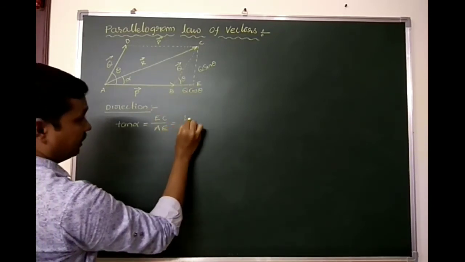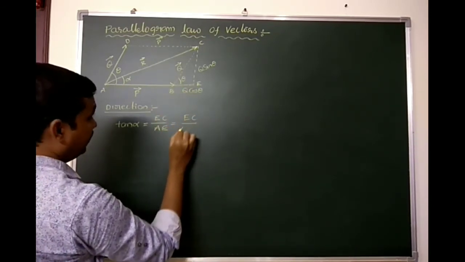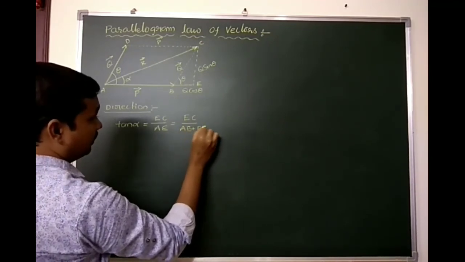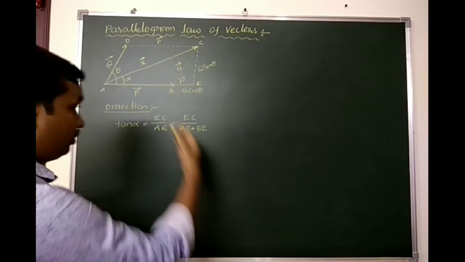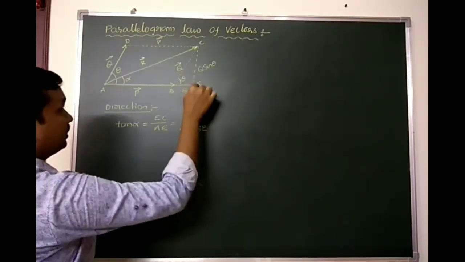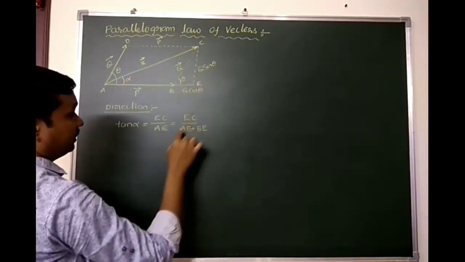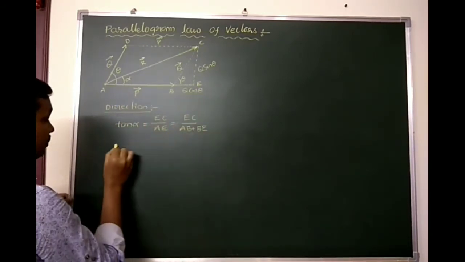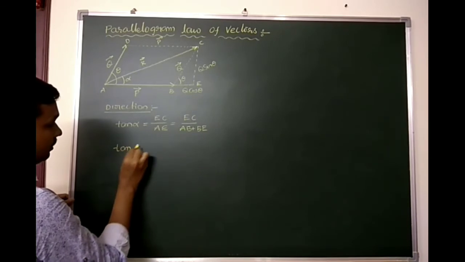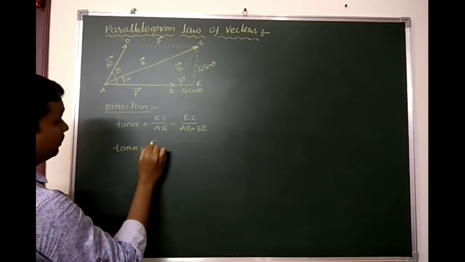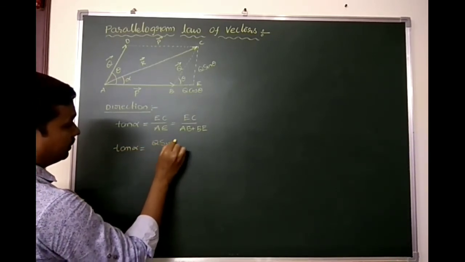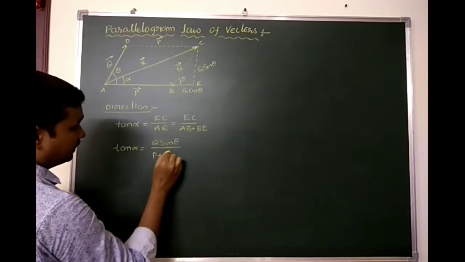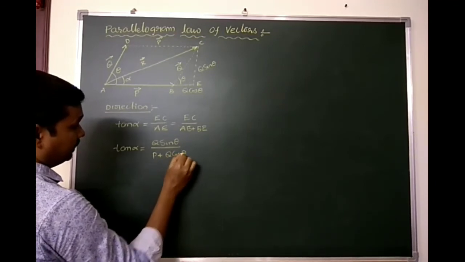So we will get EC divided by AB plus BE. What will you get for EC? EC is nothing but Q sin theta. AB is nothing but P. BE is nothing but Q cos theta. So we can substitute: tan alpha is equal to Q sin theta by P plus Q cos theta.